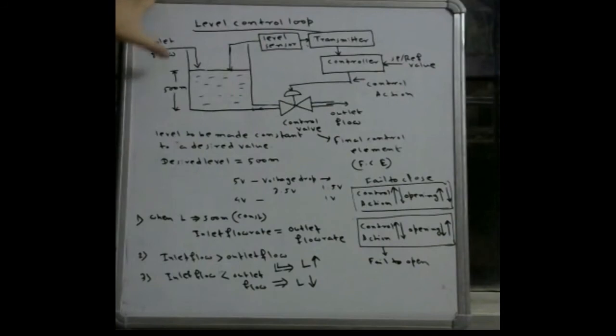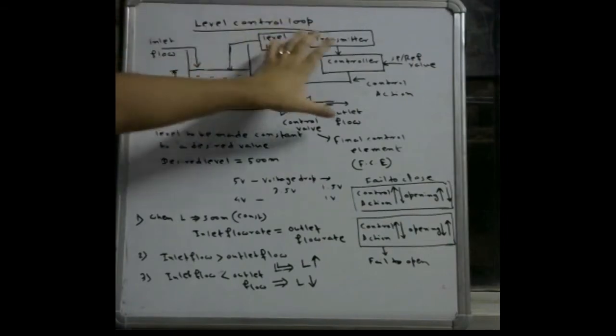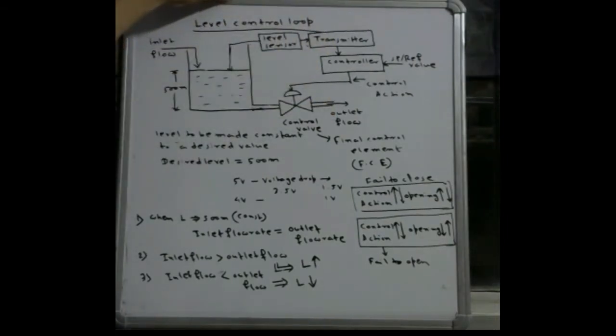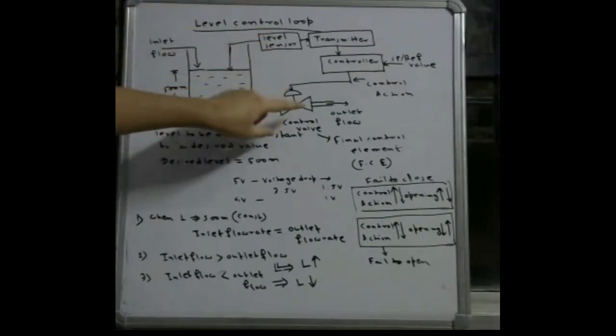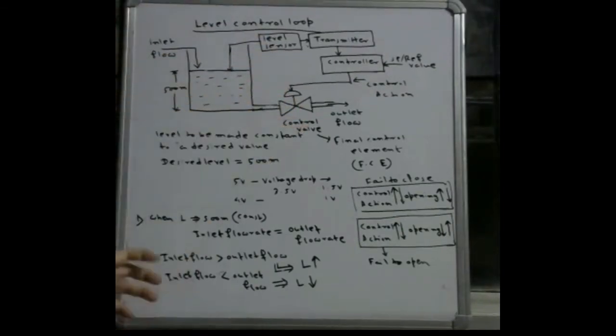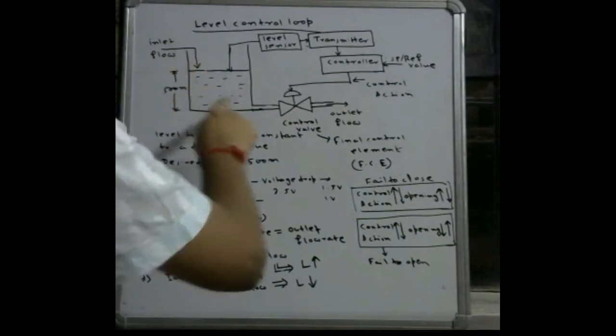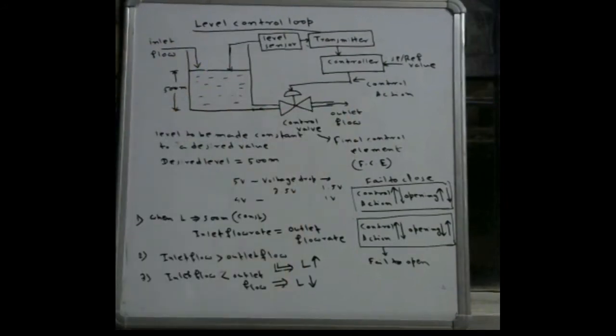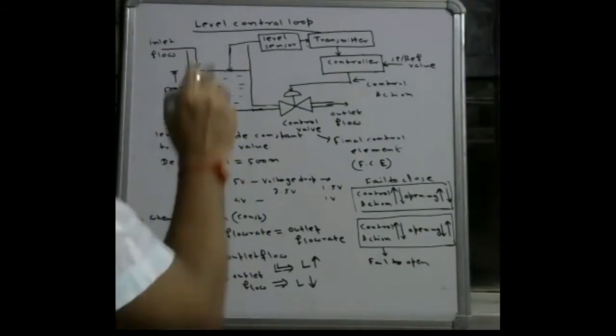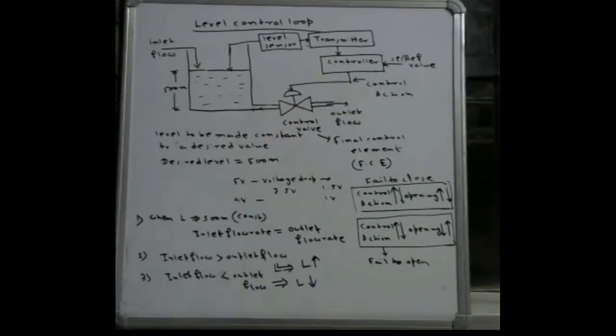That means to maintain the height of this water at a particular value or set point value, we have to make the inlet flow and the outlet flow the same. And this is done by changing the opening of the control valve. So the opening of the control valve must be such that the inlet flow rate should be equal to the outlet flow rate, and that opening is again controlled by this control action of the controller.